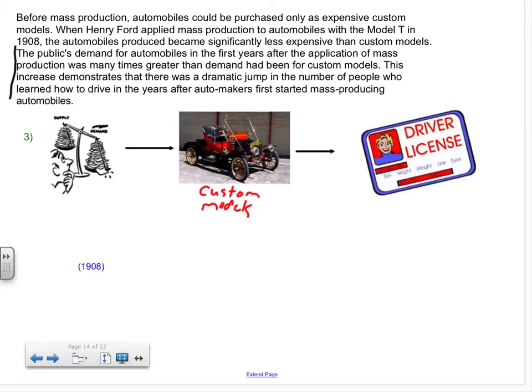This increase demonstrates that there is a dramatic jump in the number of people who learned how to drive in the years after automakers first started mass producing automobiles. In other words, more people are getting their driver's license.